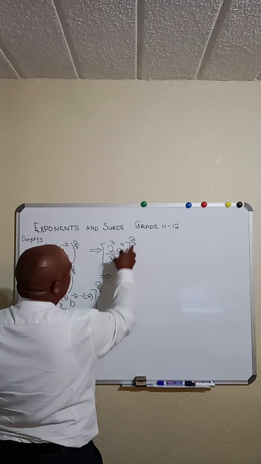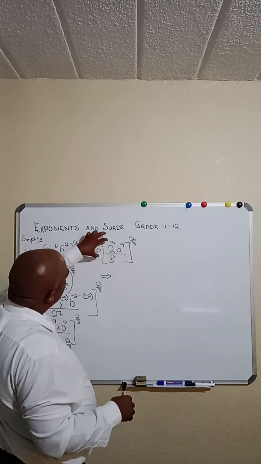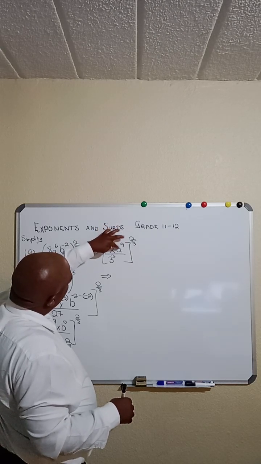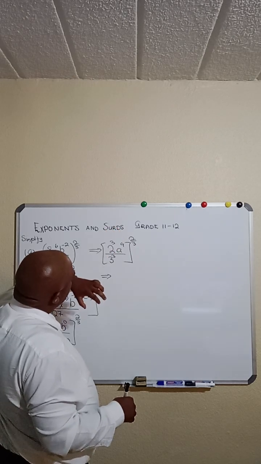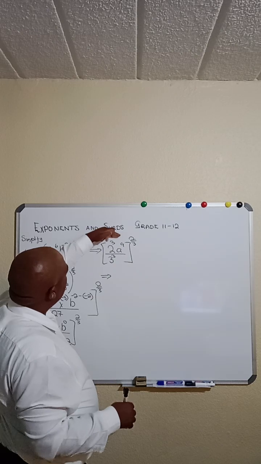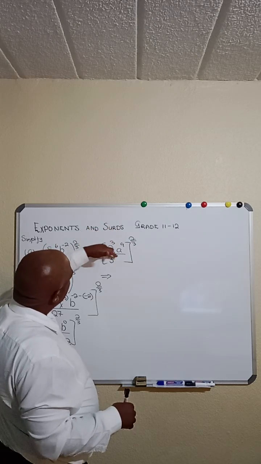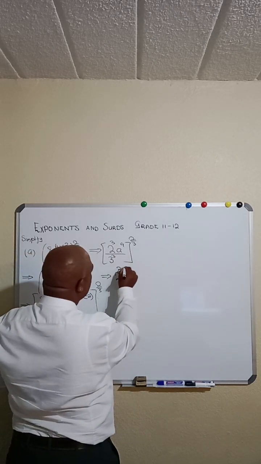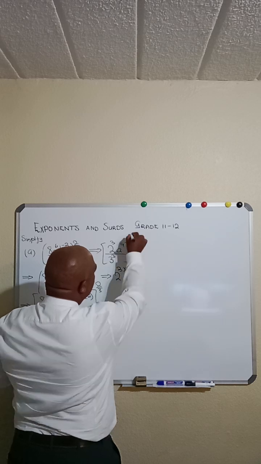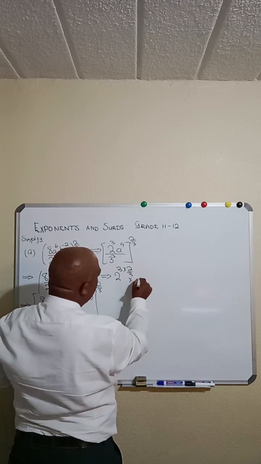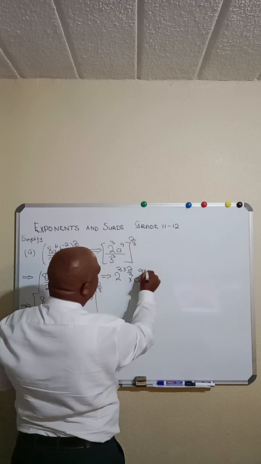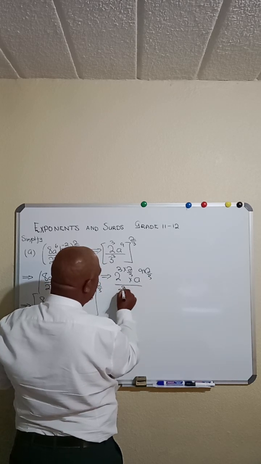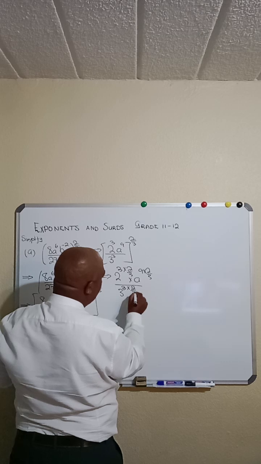So here we can multiply all the bases that are inside by the power 2 over 3. We multiply 2 over 3 into the exponents inside the bracket. So we have 2 to the power 3 times 2 over 3, times a to the power 9 times 2 over 3, divided by 3 to the power 3 times 2 over 3.